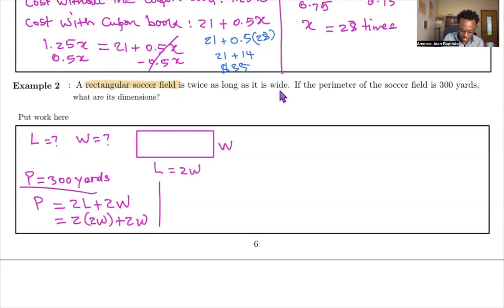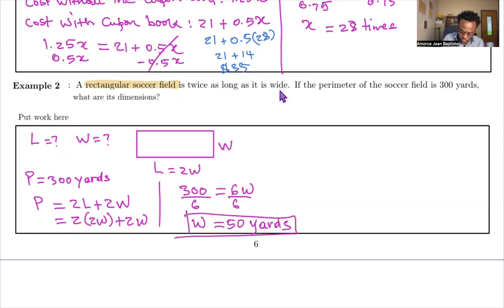We know that P is 300 yards, so 300 equals 4W plus 2W, 6W. If I divide by 6, we get W equals 50 yards. And since we know L was 2 times W, L is going to be 2 times the value we found for W. So L equals 100 yards.